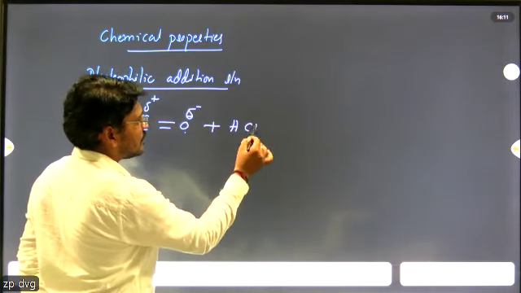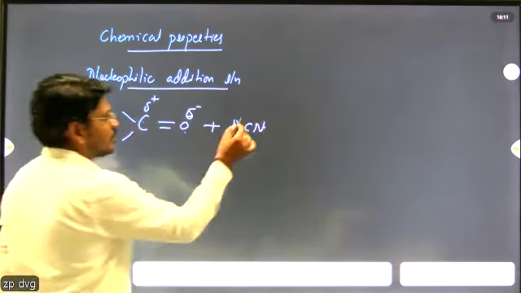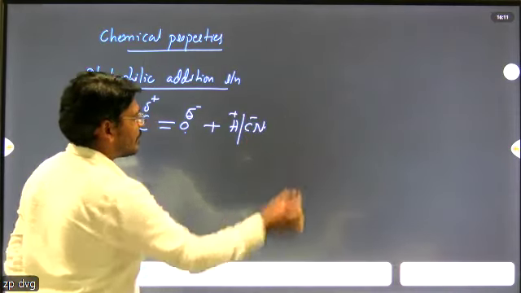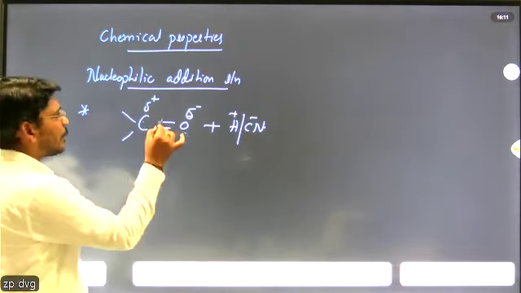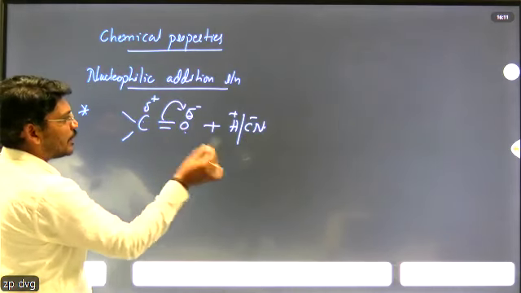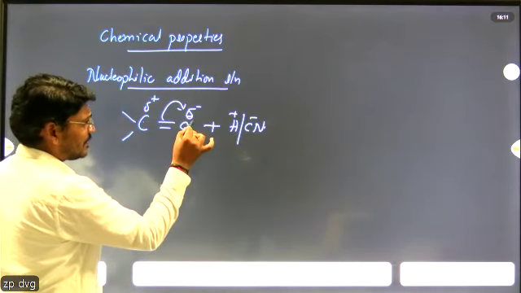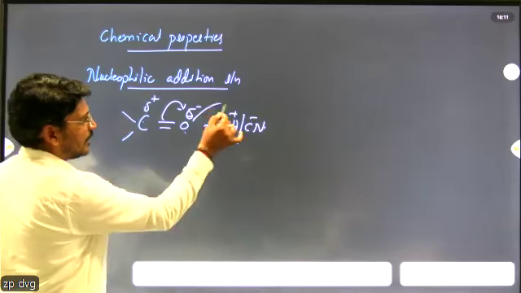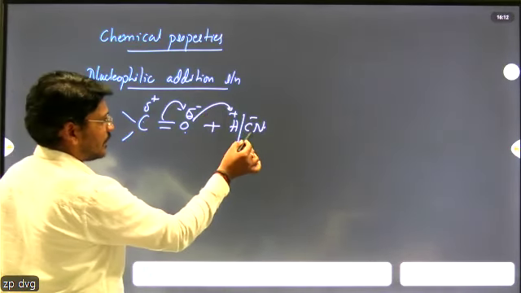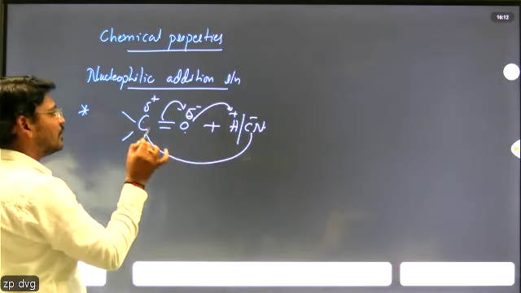If you consider HCN, addition will take place. HCN undergoes dissociation as H plus as well as CN minus. Here, due to transfer of electrons, we are getting the negative part. This negative part, CN minus, will attack on carbon, then H plus will attack on oxygen.